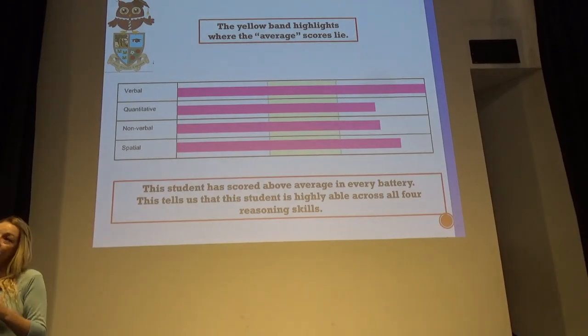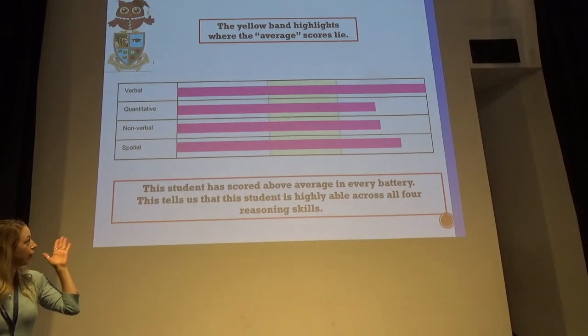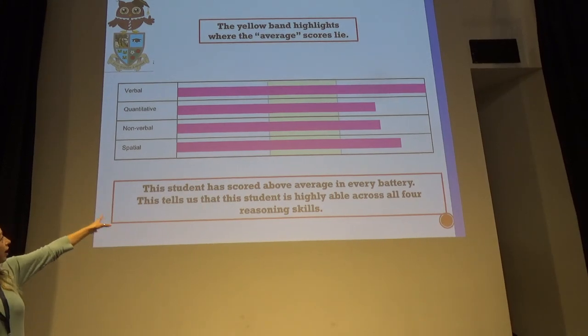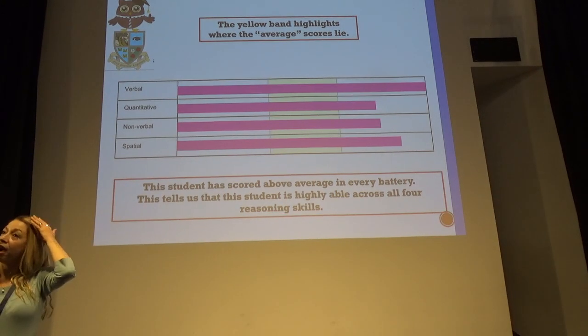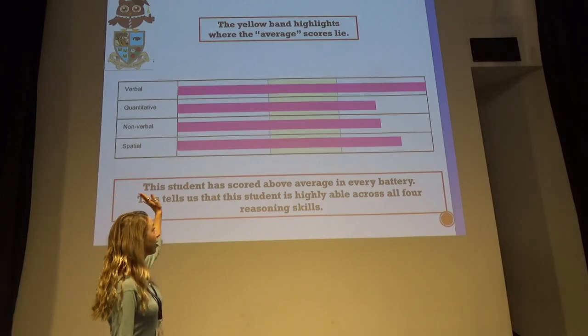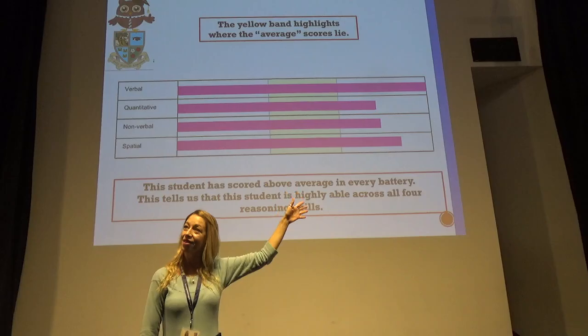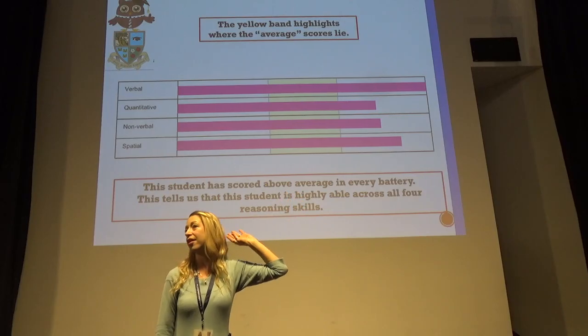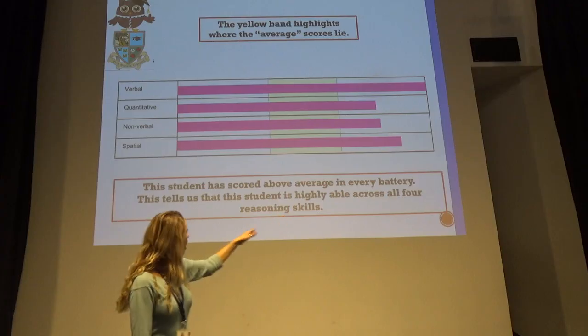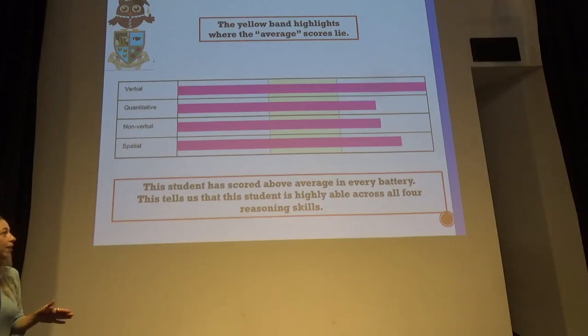They're in their average ability kind of band. This particular student that is shown here has the verbal bar goes all the way to the end. That means that they have scored the maximum, which is 141 in verbal ability, but they are high ability in all of those columns, all of those different areas as well.